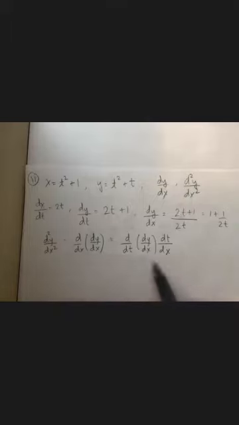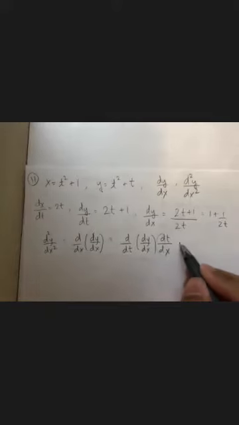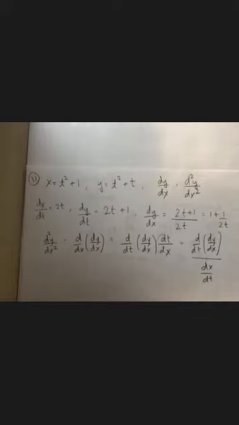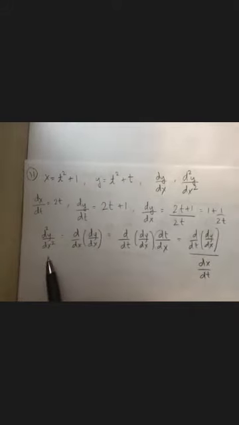So this dx moves here. Now we can take this thing in the denominator, which gives us the second derivative by this formula: d by dt of dy over dx divided by dx over dt. If you remember this, you can use it directly, or it's just one step to get it.